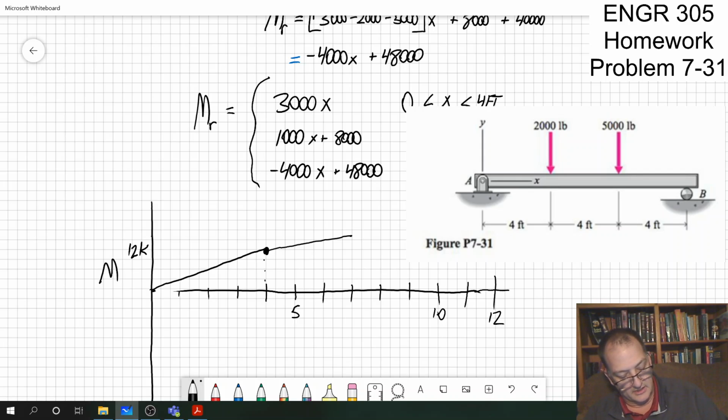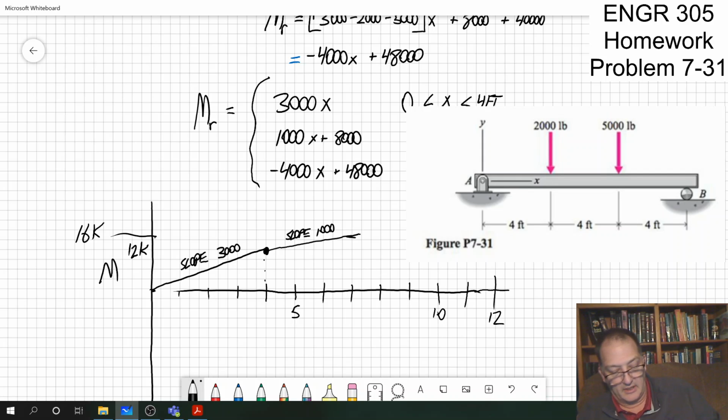In other words, this has a slope of 3,000, and this has a slope of 1,000. So yeah, it looks kind of right. And this value is now 16,000. 16K.